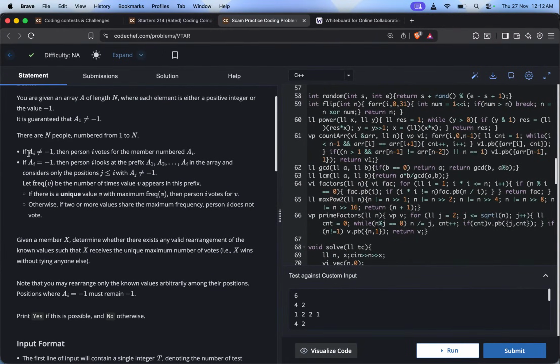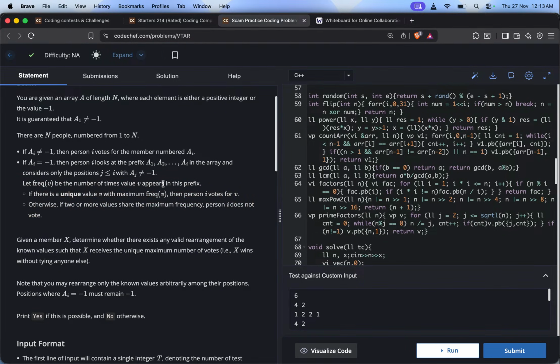that's okay. If a_i is minus 1, then person i looks at the prefix a_1 to a_i in the array. Consider only the positions j smaller than i with a_j not equal to minus 1. It looks at its prefix with all the values that are not minus 1.